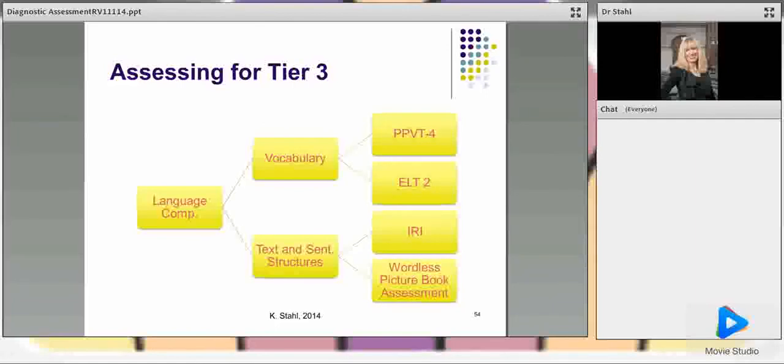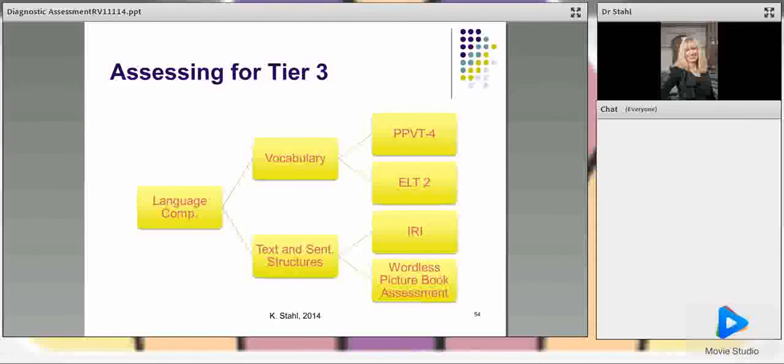So you can identify vocabulary issues by looking at the Peabody Picture Vocabulary Test or the Expressive Language Test to identify if they're having vocabulary problems. You can use your informal reading inventory and really do an analysis of how they retell stories. Are they able to tell them in an order that adheres to that narrative structure?